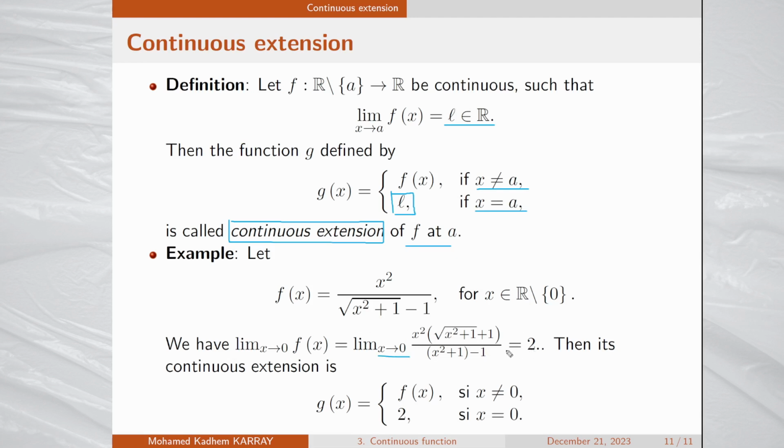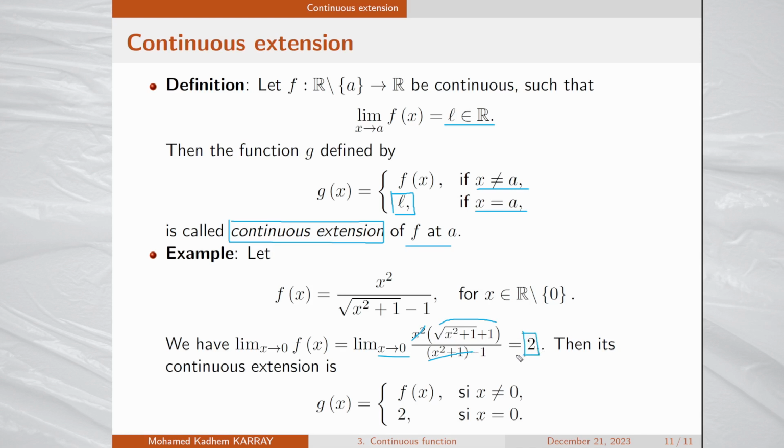You can see this by multiplying the denominator by the conjugate form, square root of x squared plus 1 plus 1, and multiplying both sides by the conjugate form, you see that x squared may be simplified, and when now in the remaining term we replace x by 0, we get the value 2.